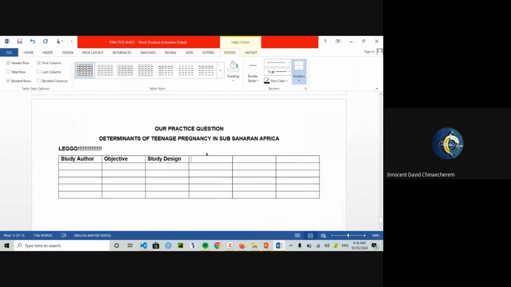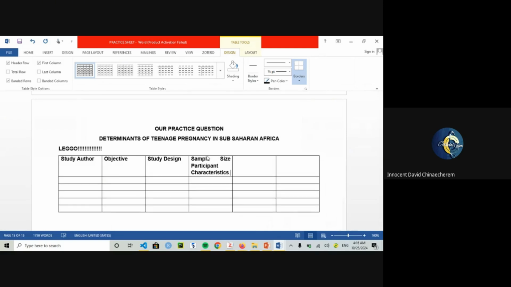So I need to know my sample size and participant characteristics. I also need to know the main findings and the study setting. This is as basic as it should be.